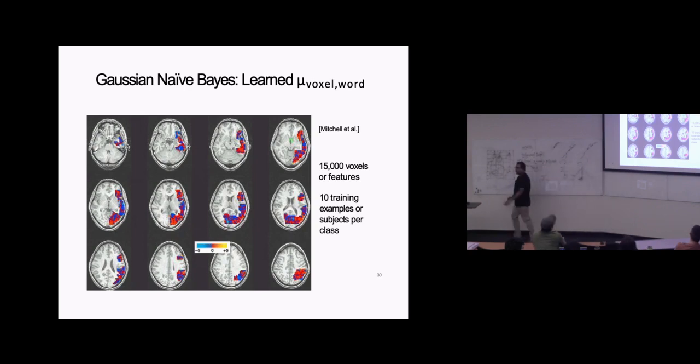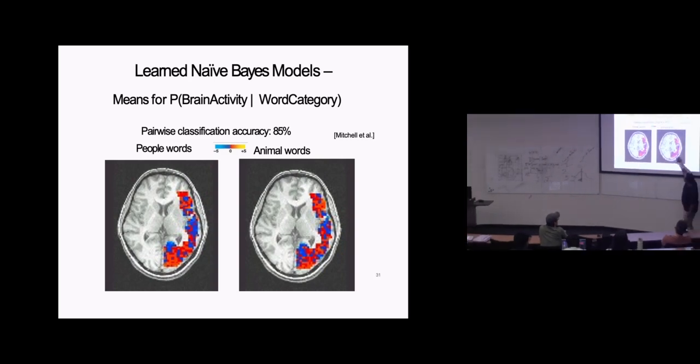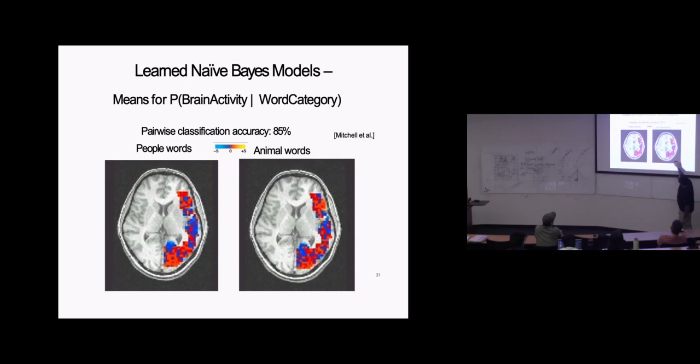For example, between people words and animal words, both are kind of similar because both are living beings. But still there will be some difference that you may try to identify. For example, the blue part here is not that prominent, but here there is much more blue.